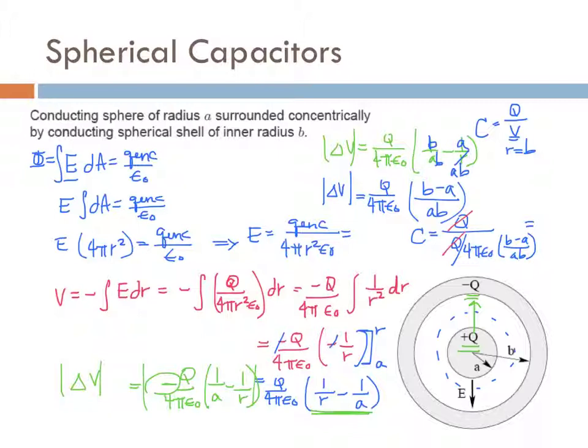And since b minus a is at the bottom of the fraction, which is being multiplied, you're going to end up with 4 pi epsilon naught ab all over b minus a. And this is our capacitance for spherical capacitors.